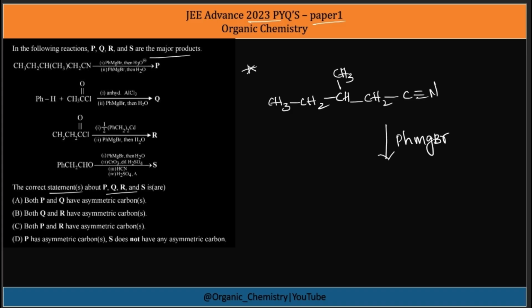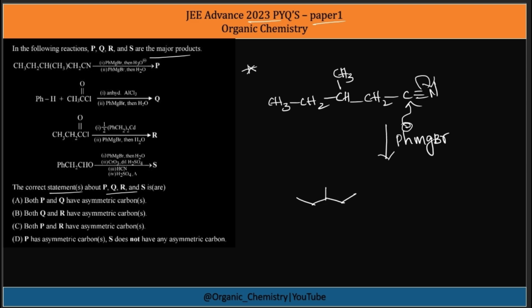So what will happen? This Ph minus, phenyl, acts as a nucleophile, and it will attack on this carbon, and one of the bonds shifts towards nitrogen, and it will form this. Here, imine formation takes place generally. C double bond N. So let me draw it with the bond line form.